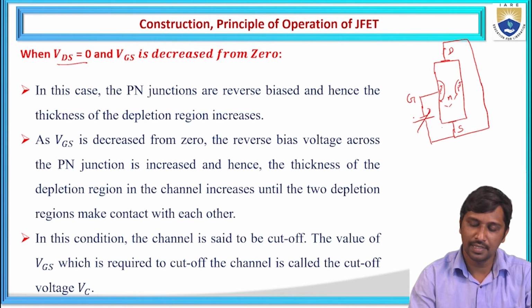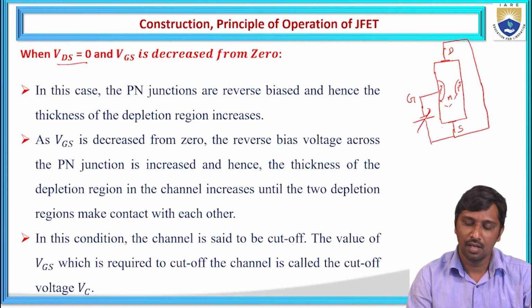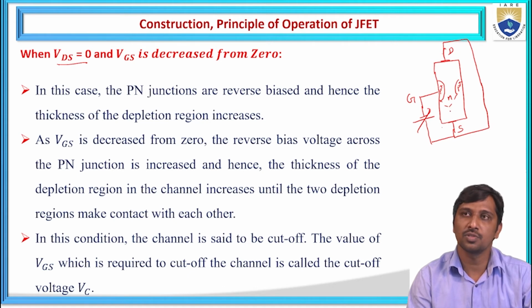Now VGS is decreased, meaning the reverse voltage increases, that is, decreasing from 0. And at this point, now see what happens. Here there is no force between the source and the drain, hence there is no movement of the charge carriers from source to drain.